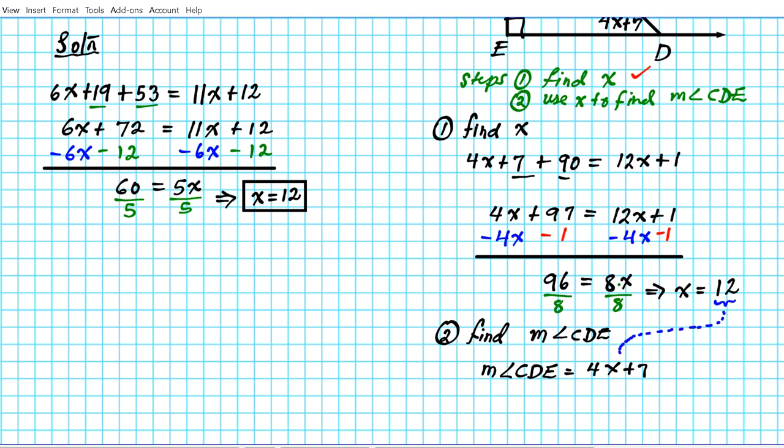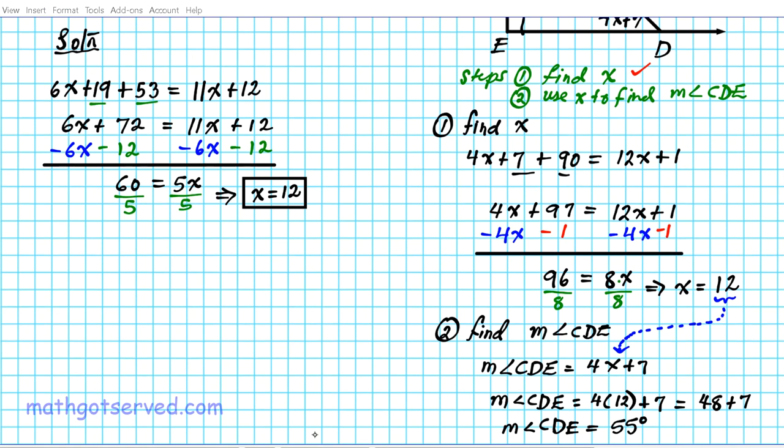Substitute it in the x position. Okay, so if we do that, the measure of angle CDE is going to be 4 times 12 plus 7. 4 times 12 is 48 plus 7. That gives us the final answer. The measure of angle CDE is 55 degrees. So that's the answer to number 4.